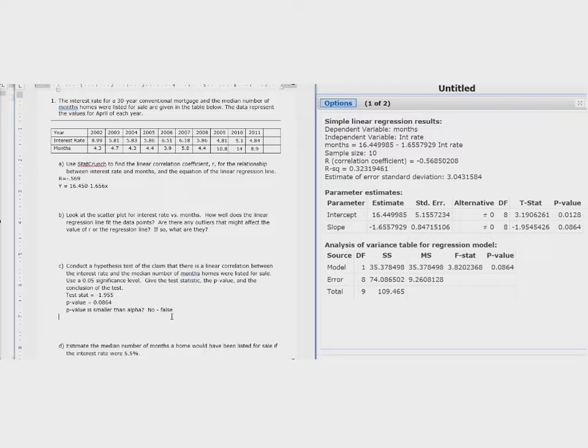That means our conclusions are negative. So we would not reject the null hypothesis, and we would say there's not sufficient evidence to support the claim. So there's not sufficient evidence of a linear correlation, because that was our claim up here.